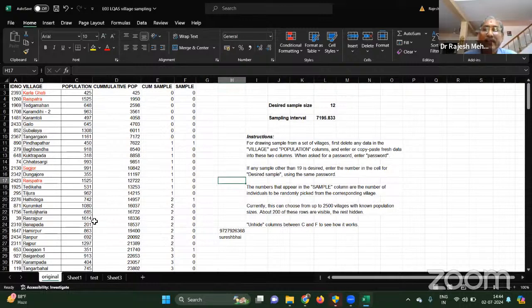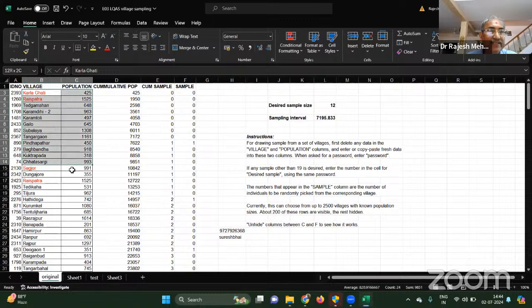We'll be looking at it again. I will be sharing the file. You look at the file, and then we should be taking the exact example. The instructions are very simple. I will read it for you so that it is re-emphasized. For drawing a sample from a set of villages, suppose you have 100, 200, or 500 villages, first delete any data in the village and population columns.